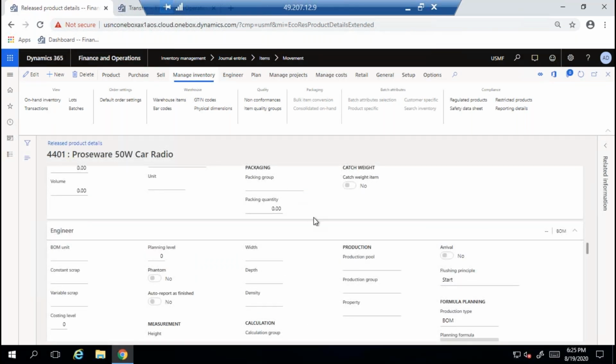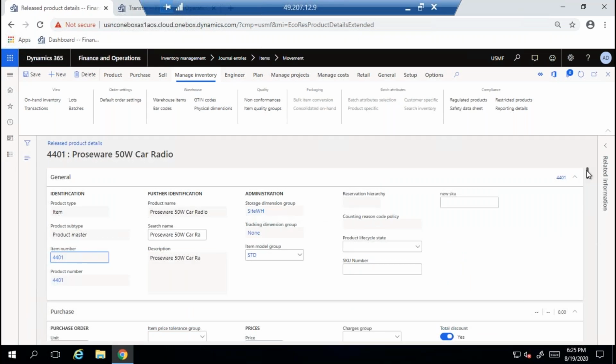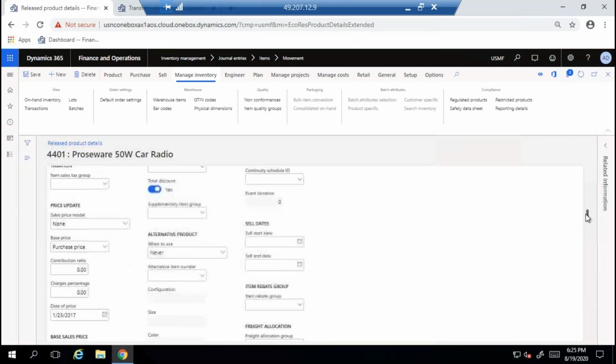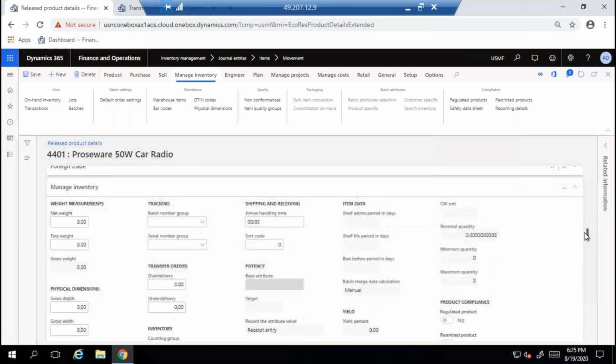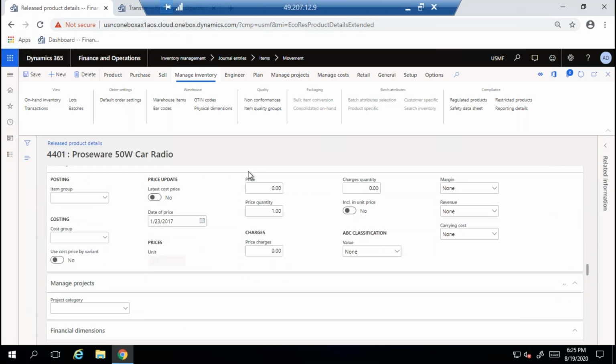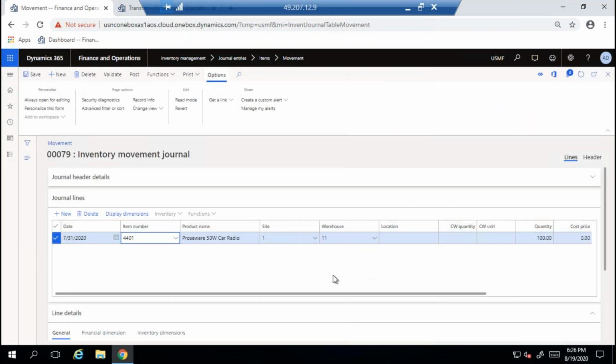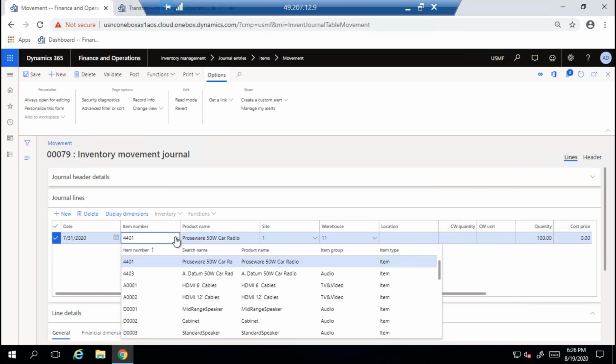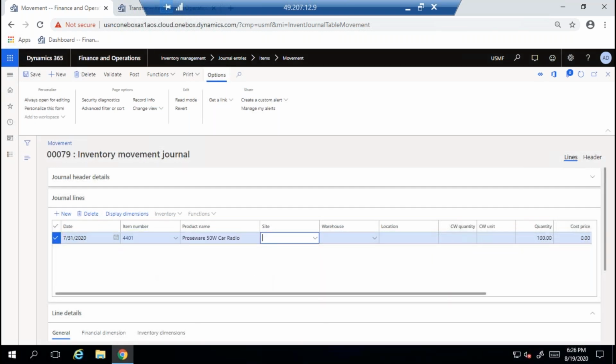Let me click edit. Okay. In the manage cost tab I need to enter the price, suppose 300. I've entered it. Once again I'm reselecting site 1, warehouse 11. What happened?